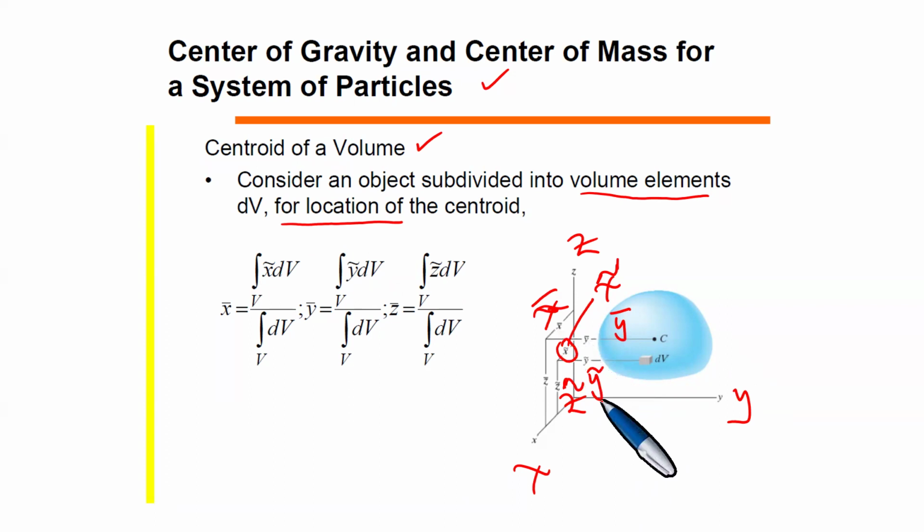Also, moving vertically upwards, the position of C is z bar. These straight bars, not the tilde symbols, describe what we call the centroid of a volume.